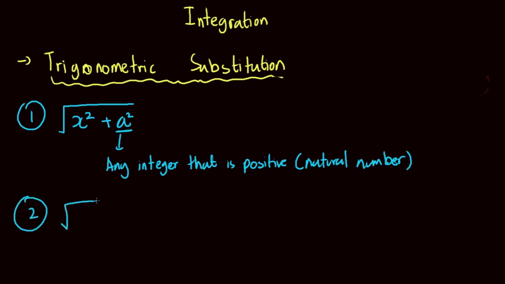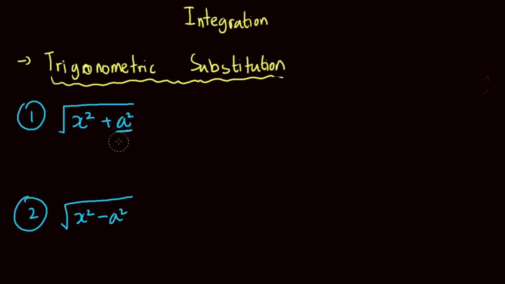The second form we have here is square root of x squared minus a squared. And the third form would be something like this, a squared minus x squared. So we have these three forms.